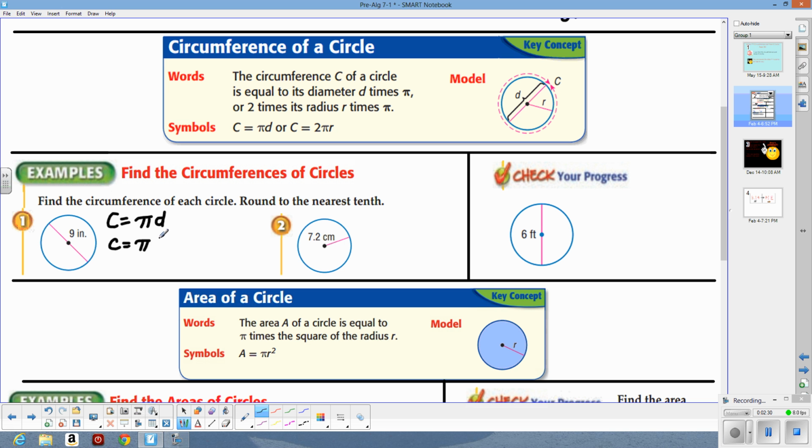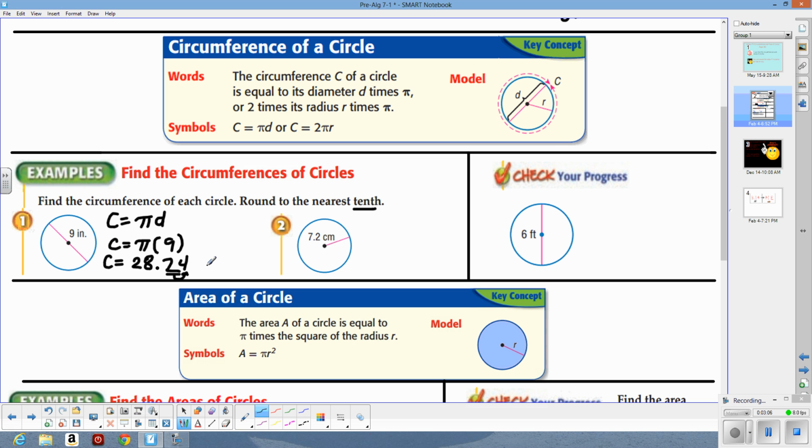So pi times the diameter, which is 9. So then you're going to go ahead and type in pi times 9. Pi times 9 is about 28.274, and we have some more numbers, but if we're rounding to the nearest tenth, that's one number after the decimal, which means we want to look at the second number after the decimal.